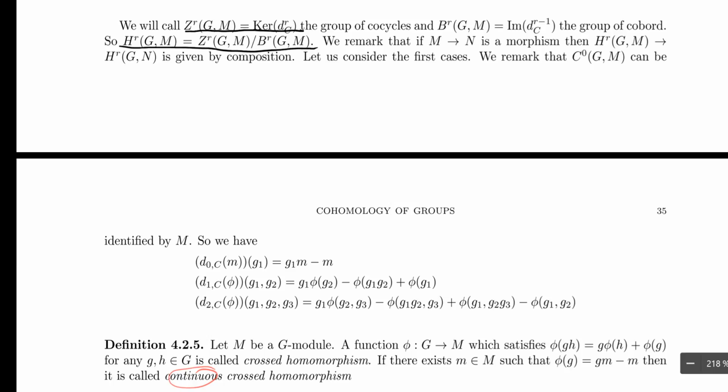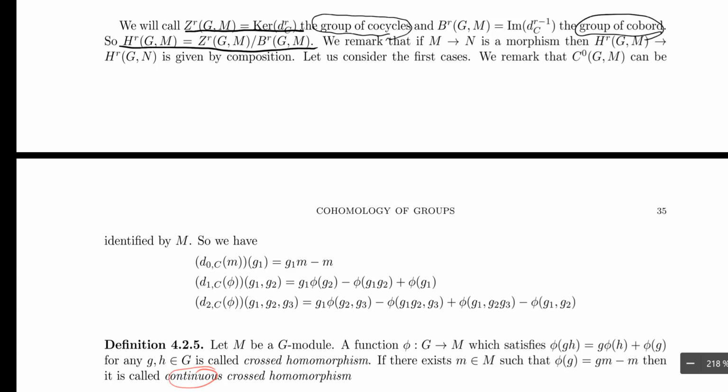The boundary group, the group of coboundaries B^R, is the image of d^(R-1), and the group of cocycles is Z^R, the kernel of d^R. These cocycle and coboundary are terminologies from simplicial cohomology, as you can expect, and this H^R is just the group of cocycles quotient by the group of coboundaries in simplicial cohomology.